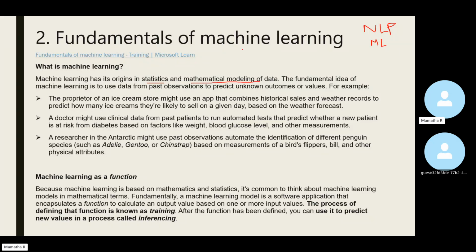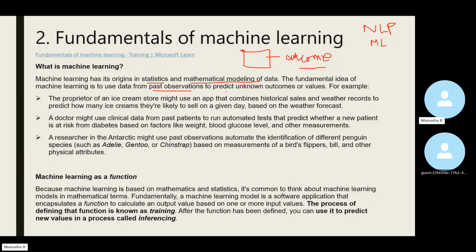We take different parameters of the data and decide the outcome, how exactly we expect that data to be modeled. The model which we decided should give me the outcome which I am expecting. The fundamental idea is to get the past observations which are present.